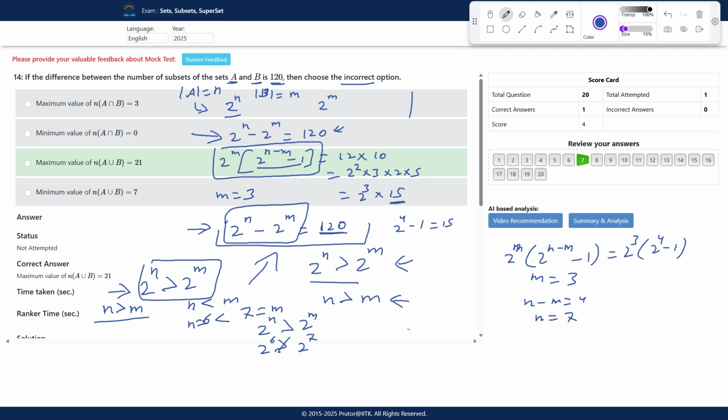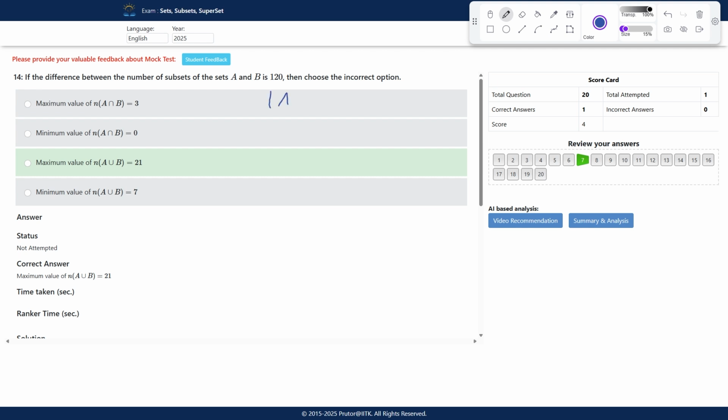So we are getting m as 3 and n as 7, meaning the number of elements in set A is 7 and the number of elements in set B is 3. Clear? Now, as we have the number of elements in A as 7, let me just clear the board. So what we have so far is number of elements in A is 7 and in B just 3.